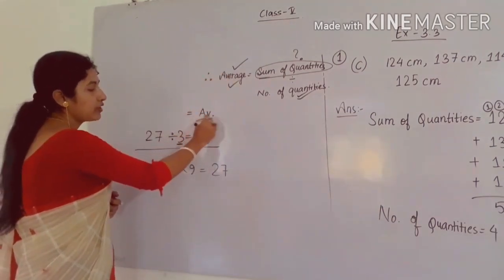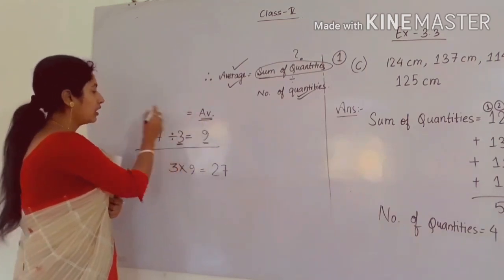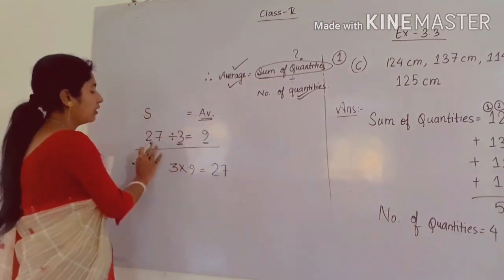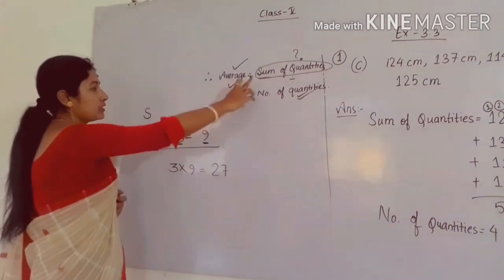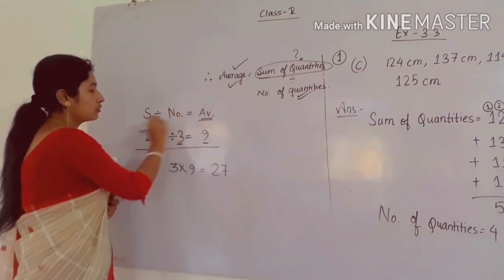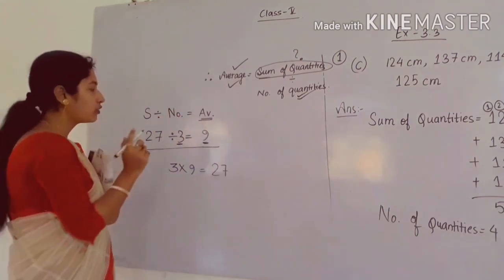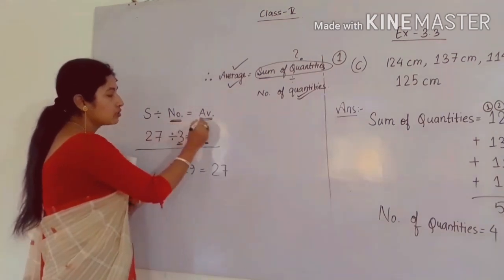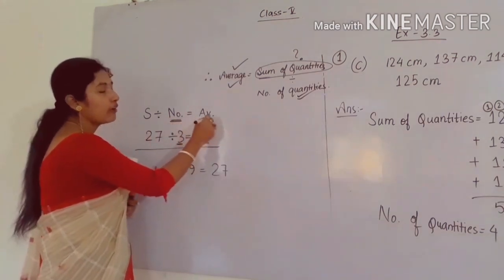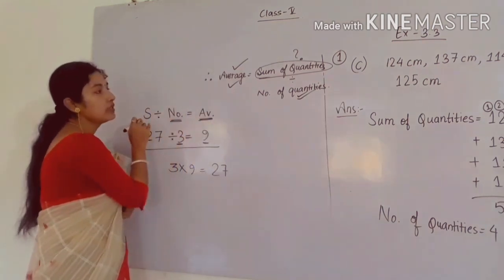So what we are doing here, we are finding average. I am writing it as AV, average. Here is the sum, in place of 27 I am writing sum, divided by number of quantities, so I am writing number. What you have to multiply is number with average; when we multiply it, you will get the sum.